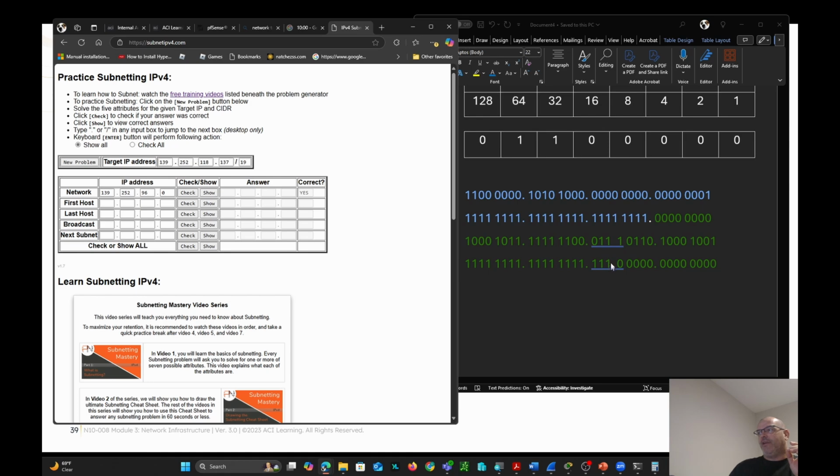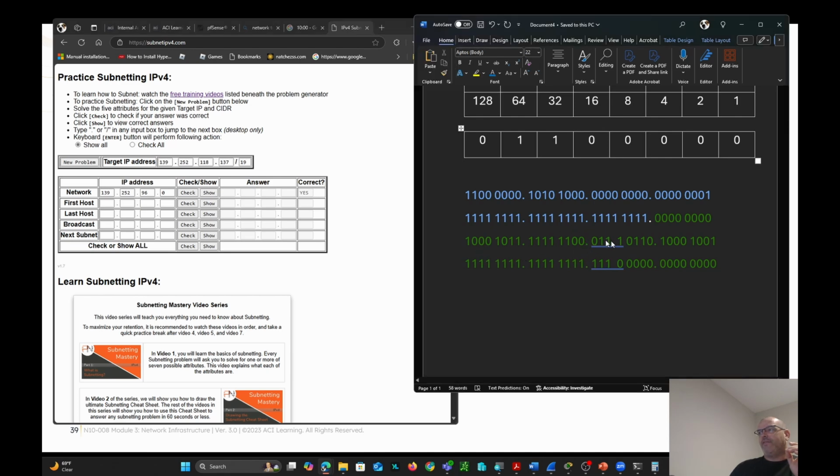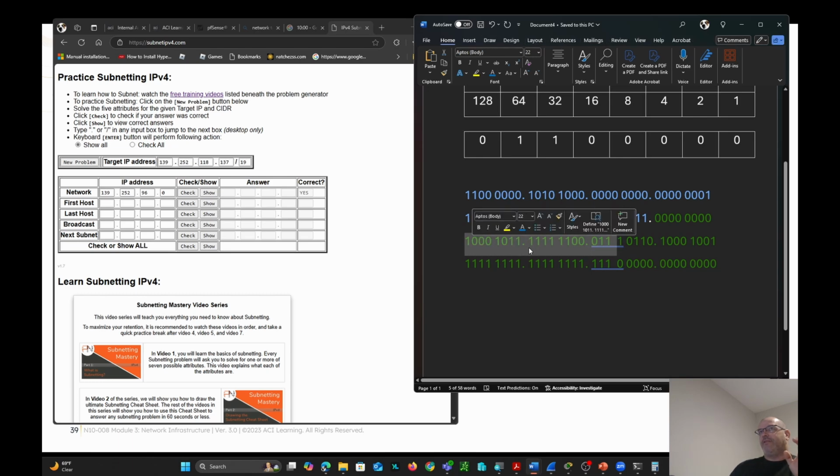You have to convert this to binary, and this is 19 ones. Anywhere there is a 1, that's the part you're going to want to use. If that was 18, the 96 would be 64 instead, and it would still end in 0. So that's just the network, right? So that's just 0.